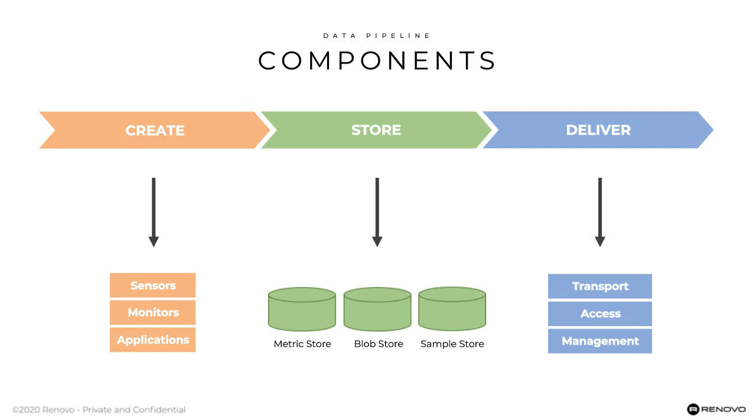A lot of people also call this a resynchronization store, where we actually synchronize all this data and get everything to line up. And finally, we have the deliver phase where we are taking the data from this database and pushing it out to various places. One is, of course, transporting off the vehicle, getting it somewhere else.